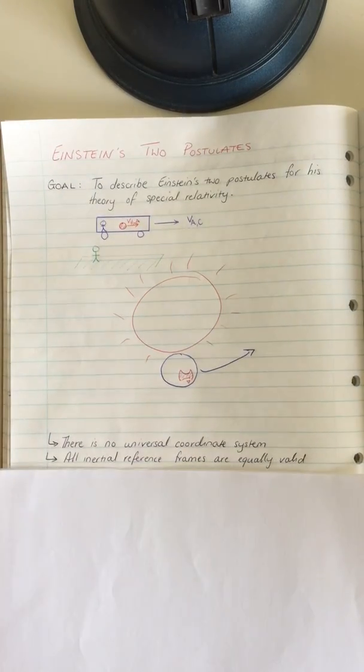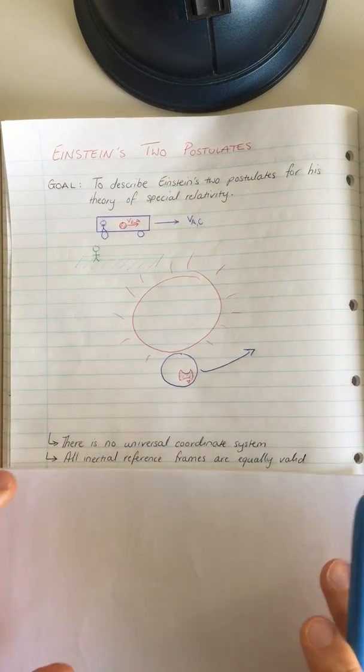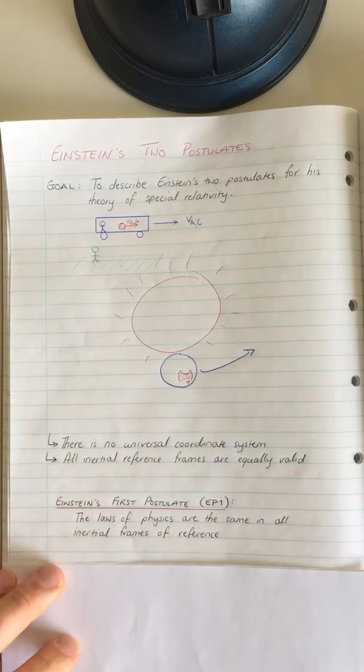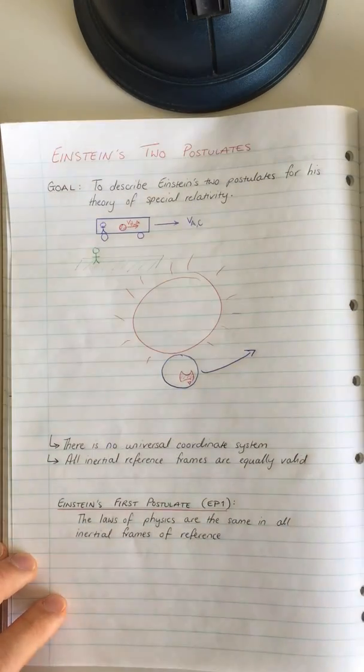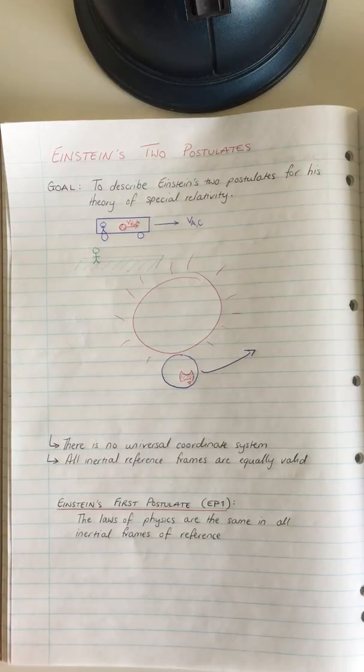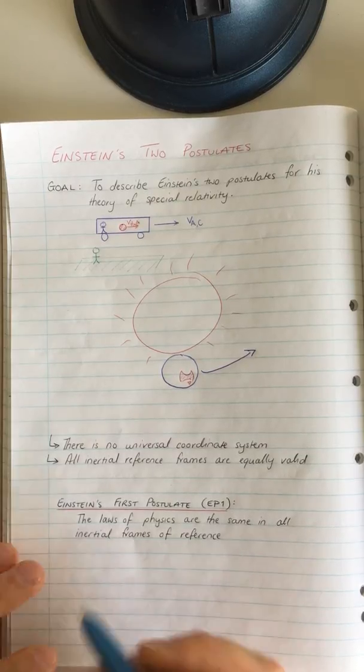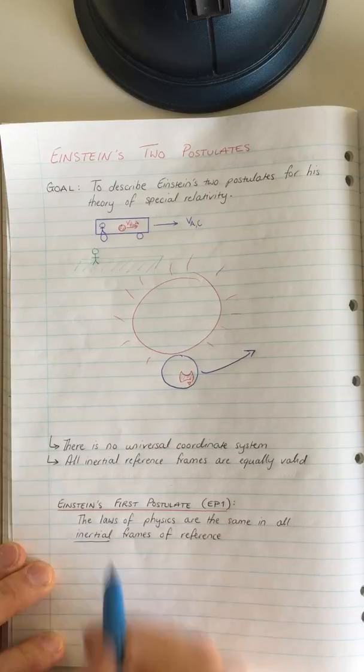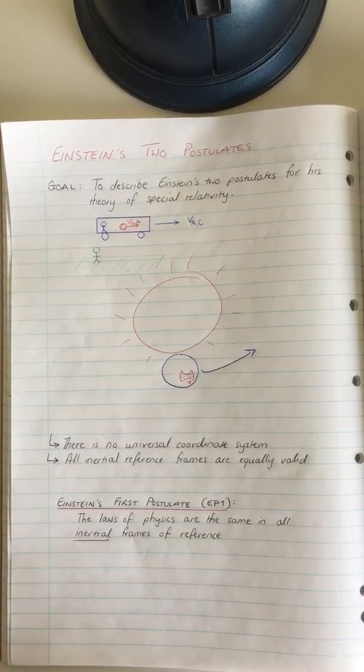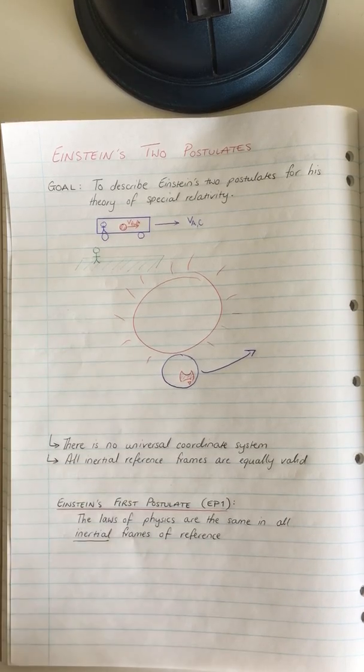This gets us straight away to the first postulate of Einstein, who put it in a much more eloquent way. Einstein's first postulate is this: the laws of physics are the same in all inertial frames of reference. It's basically saying that no inertial frame of reference is more correct than another. Now this word's important: inertial. If we have frames of reference which are non-inertial, meaning that they're accelerating or not moving at a constant velocity, then we do have a difference.